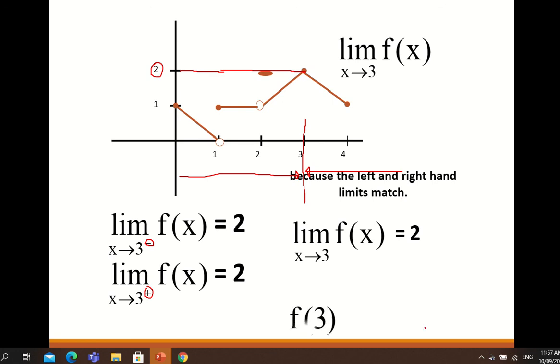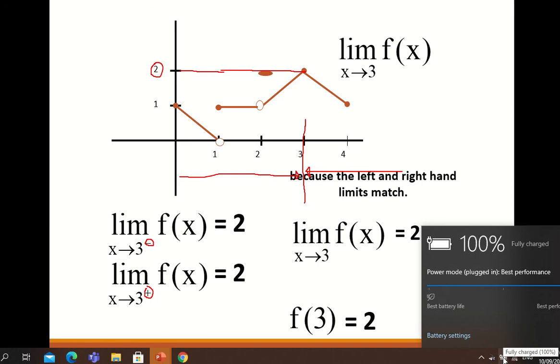Now, if you are asked to solve for the value of the function when x equals 3, it is equal to 2. So there are times that the limit of the function as x approaches some value is also equal to the value of the function.